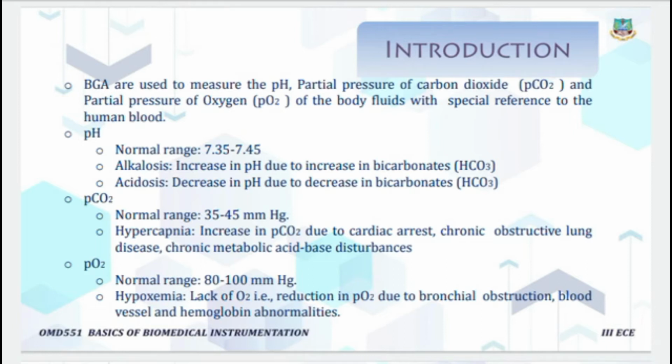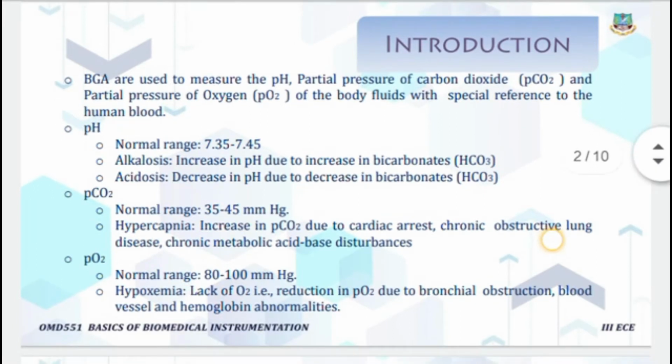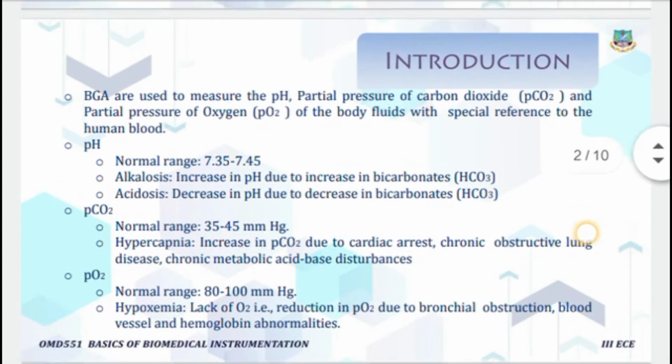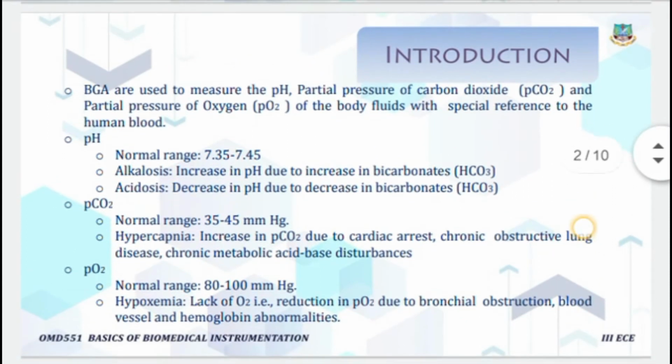Then PO2. The normal range of PO2, that is partial pressure of oxygen in the body, is 80 to 100 mmHg. If there is a lack of oxygen, that is a reduction in pressure of oxygen due to bronchial obstruction, blood vessel and hemoglobin abnormalities, that condition results in hypoxemia.